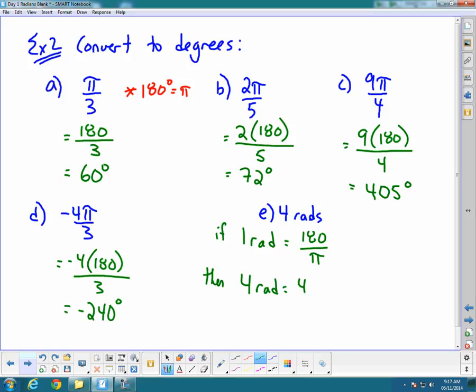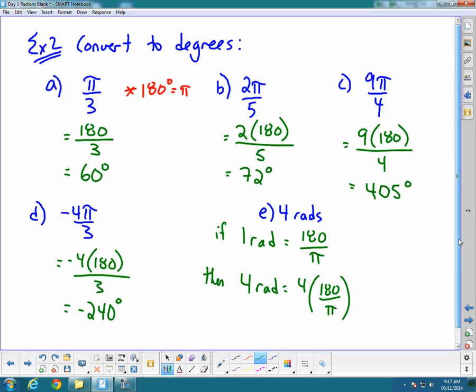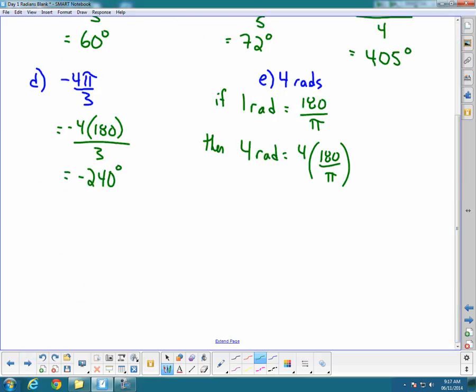So it'll be 4 times 180 over pi. And go to your calculator, 4 times 180 divided by pi, and we get what?